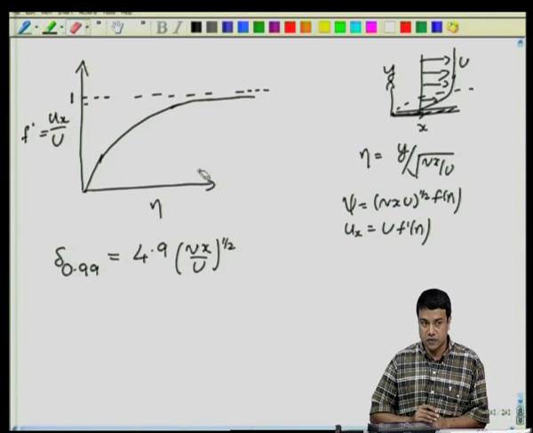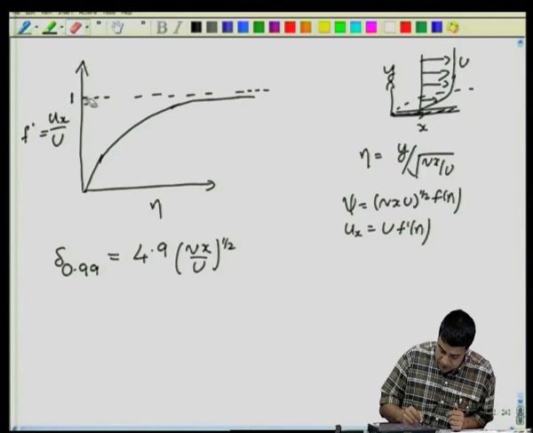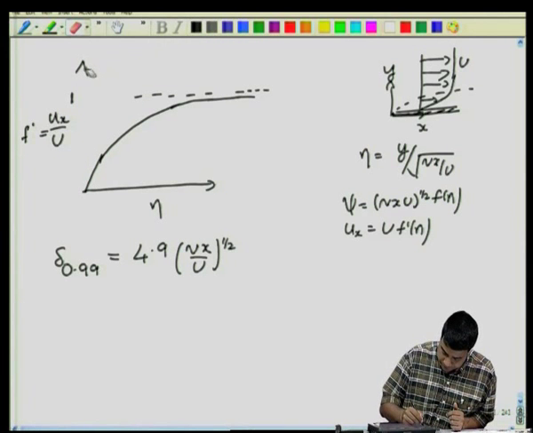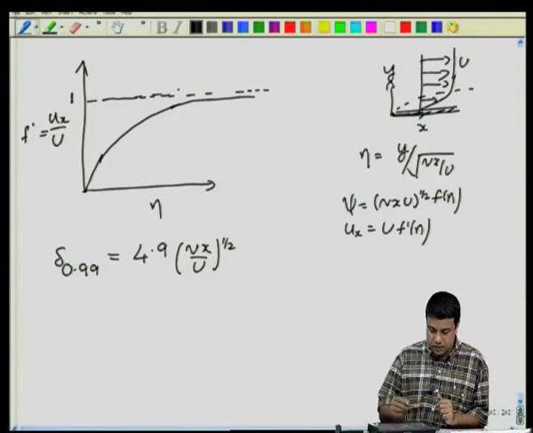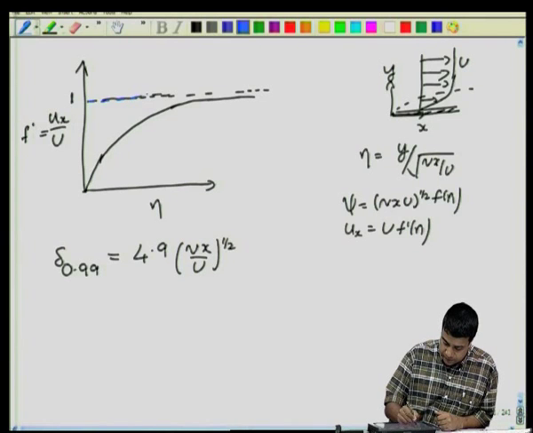My potential flow solution basically says that the velocity is just equal to a constant.